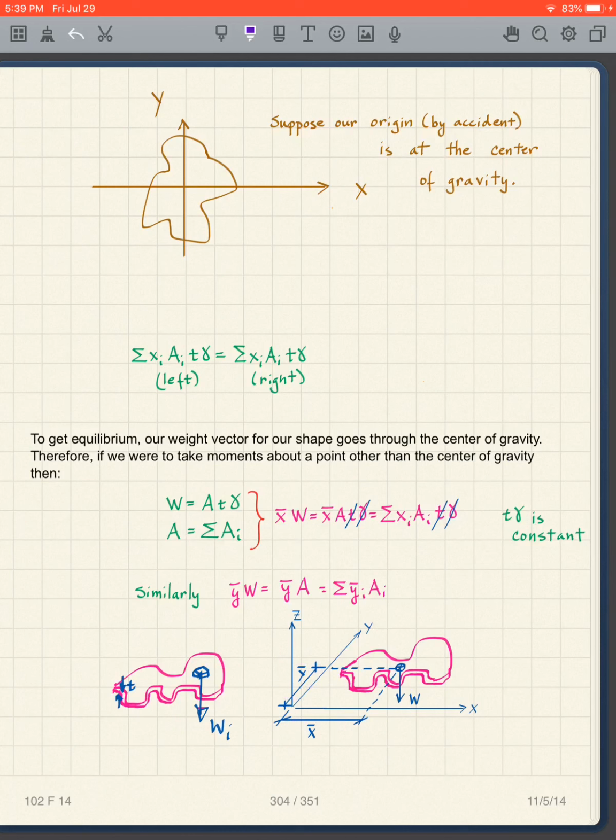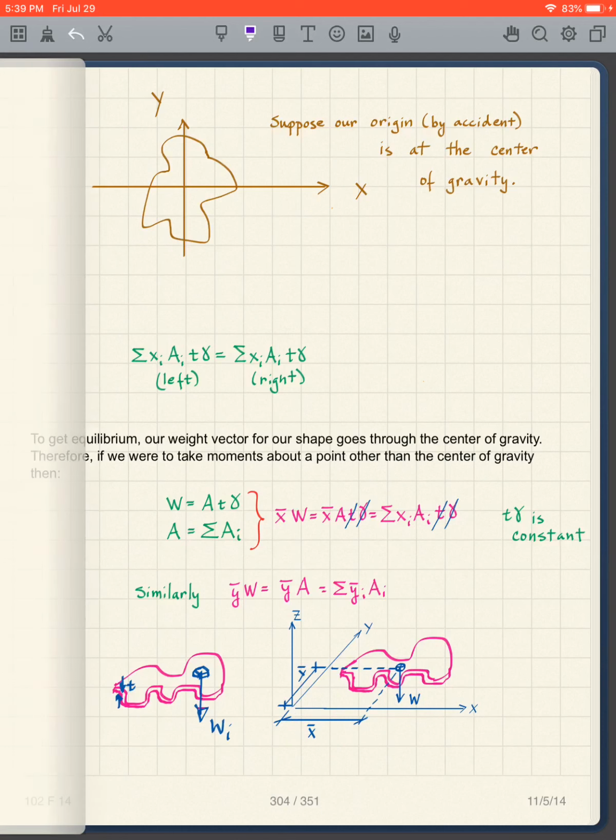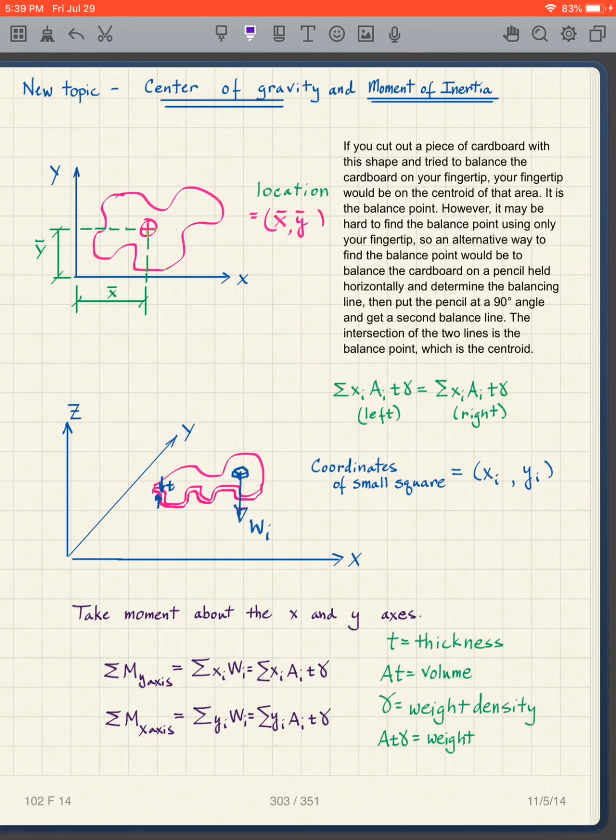So my goal is to find that x bar, y bar, and to find that, then we know that if I take the total weight here, in other words, the total weight being put right there at that point, which is at the centroid, I'm going to get the moments equivalent. In other words, if I go x bar times W, that is going to be equal to the moment that we took over here, which is my sum of the xi wi.